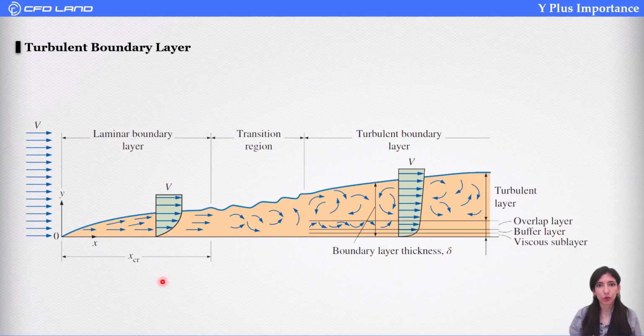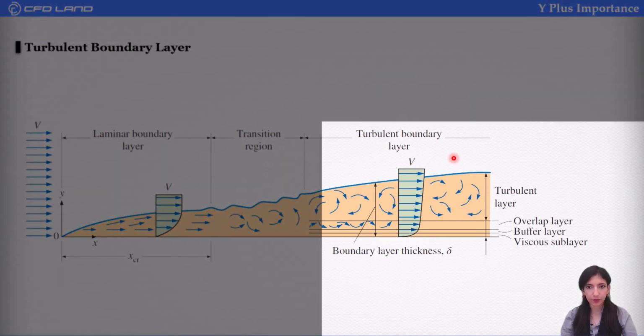As the fluid moves on and forms a boundary layer, and this boundary layer grows with distance, the flow changes from laminar to transitional and then to a turbulent one. In the turbulent boundary layer, there are two main layers.